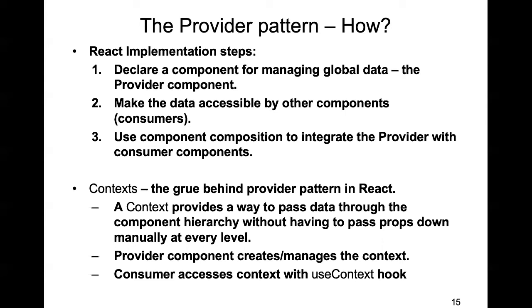Number two, the global data in the provider component is made accessible to other components, which we call consumers. Number two there is where this whole idea of context comes in, but we'll talk about that in a second.